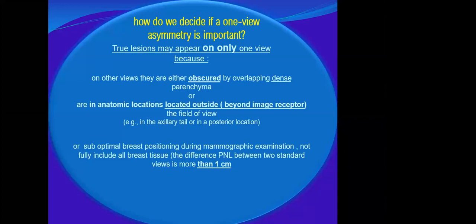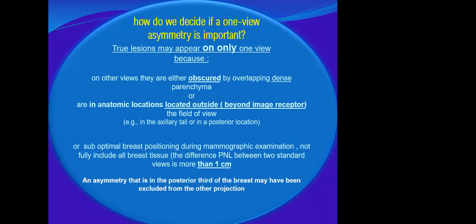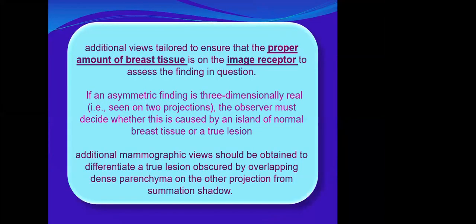You might find far more than 1 centimeter difference between the two standard views. An asymmetry that is in the posterior third of the breast may have been excluded from the other projections. So additional views are tailored to ensure that the proper amount of breast tissue is on the image receptor to assess the findings in question.